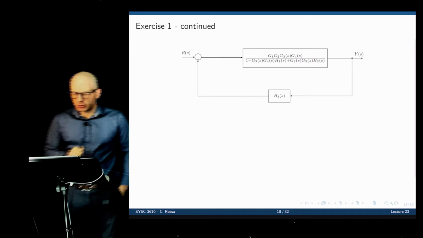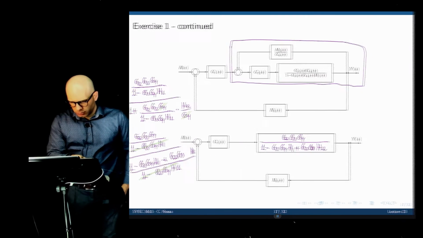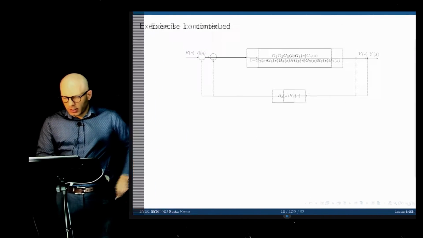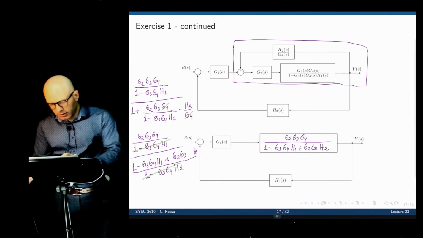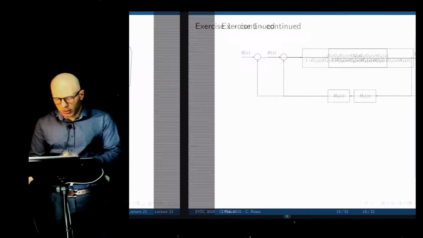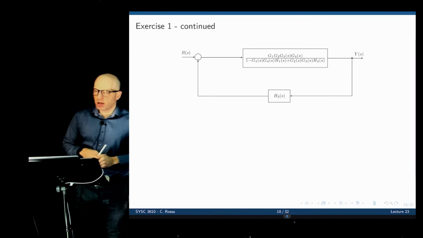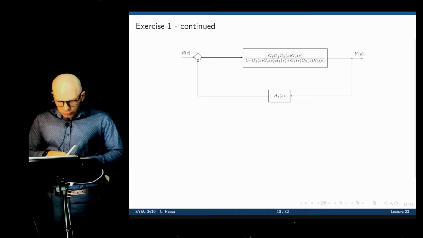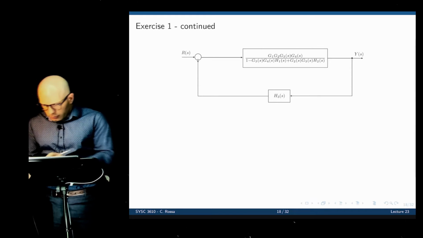So this is the same transfer function I just wrote there. I forgot G1. Okay, so we can now multiply G1 inside there. That's what I have, that top function. Just combine the two loops. And now let's do the entire transfer function here.